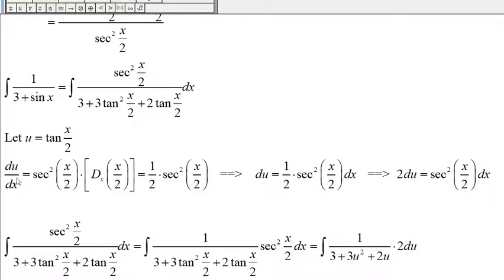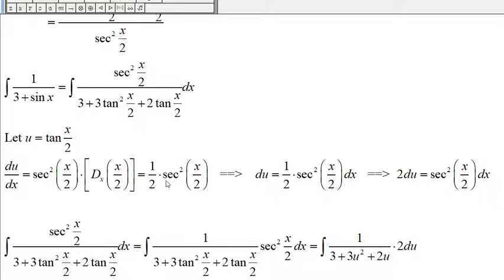Du dx, or the derivative of u with respect to x: the derivative of tangent is secant squared of x over 2. And we have to multiply using the chain rule by the derivative of x over 2. X over 2 is the same as 1/2 times x. So the derivative of 1/2 times x is just 1/2.